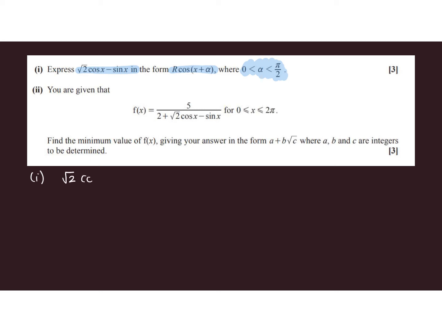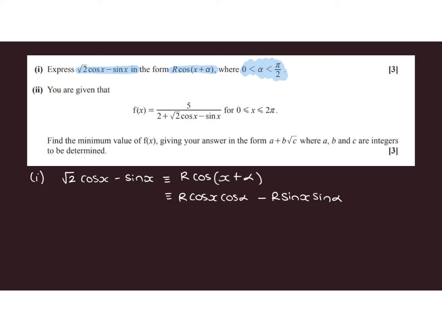So root 2 cos x minus sine x is being expressed in the format r cos x plus alpha. So that's r cos x cos alpha minus r sine x sine alpha. I've expanded cos x plus alpha using the compound angle identity and of course multiplied both parts by r.